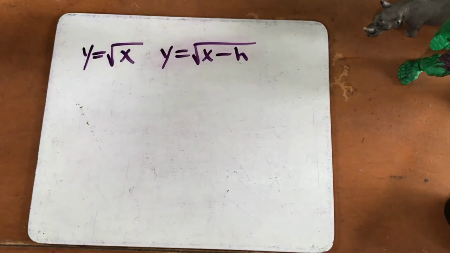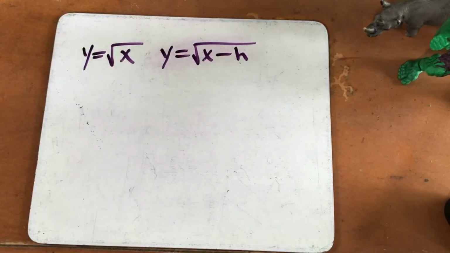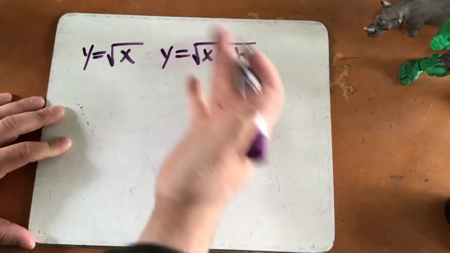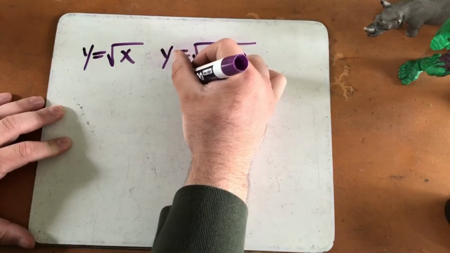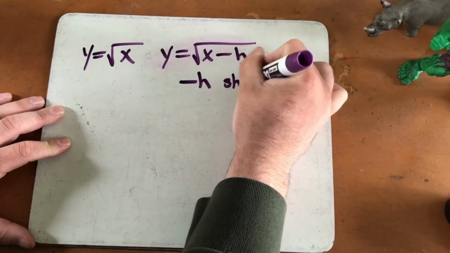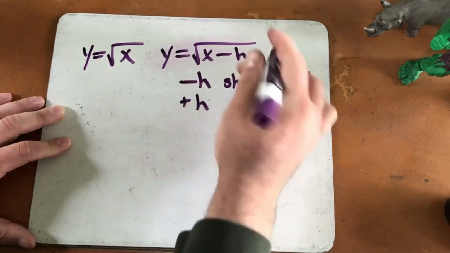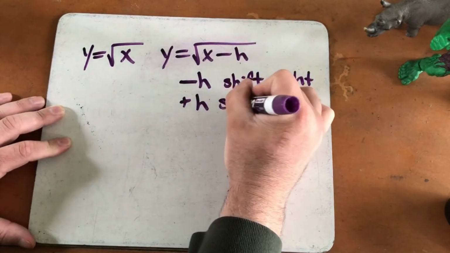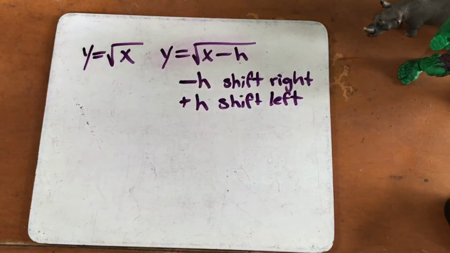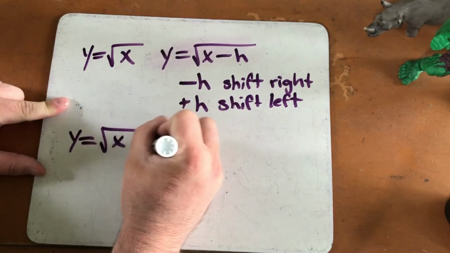Notice that this is x minus h. The way we're going to think about this is that if it says minus h, then it shifts right. If it says plus h underneath the radical, that means shift left.